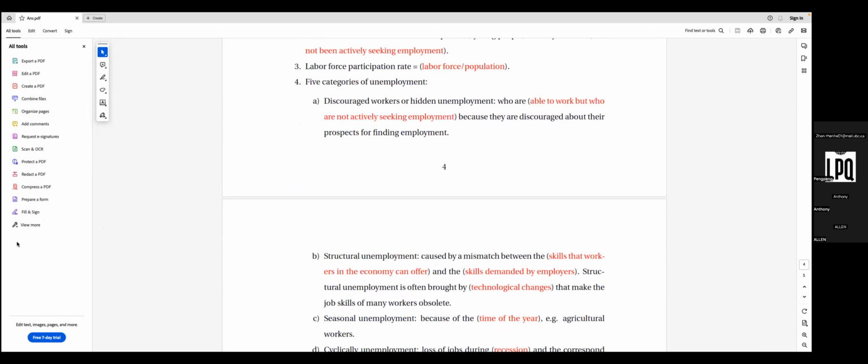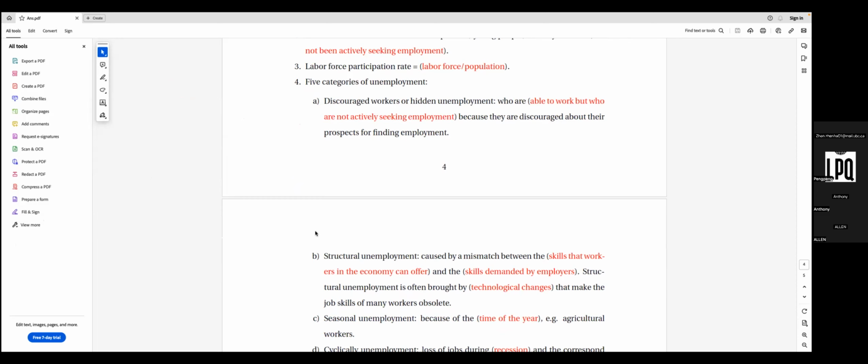Next part is about 5 reasons. Naturally, we need to figure out why you cannot find a job. What is the reason? What is the difficulty?